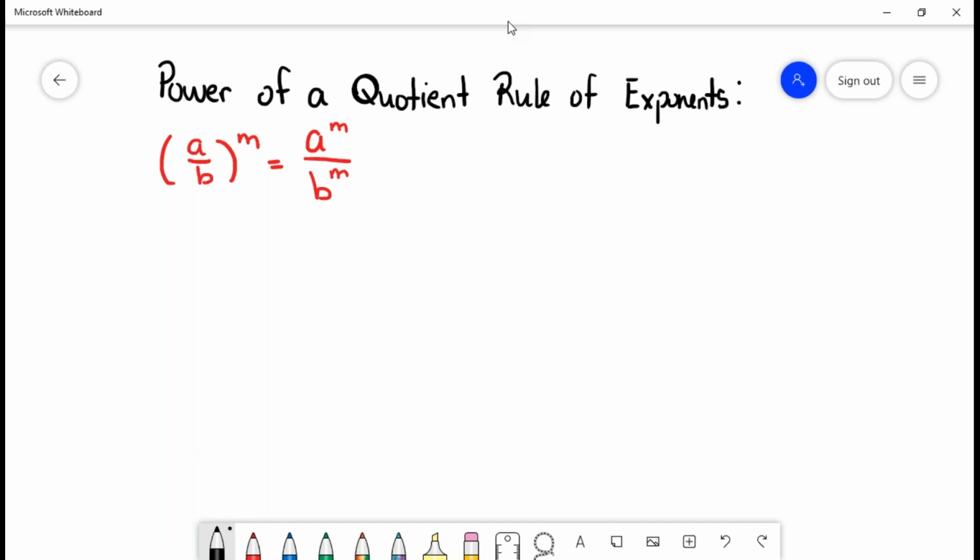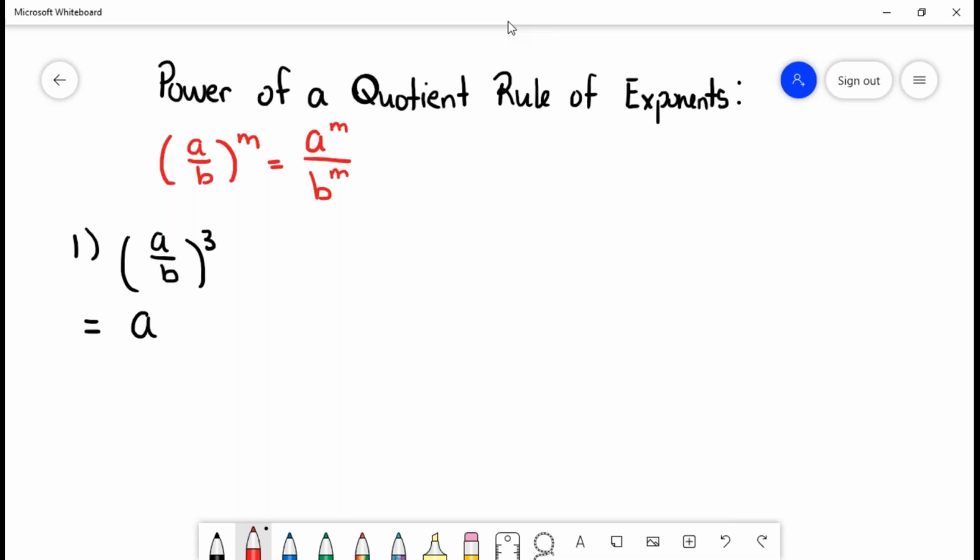So now we're going to be going over a practice problem, which will help us apply the power of a quotient rule of exponents. And this is a divided by b raised to the power of 3. And now we can evaluate this. Applying the power of a quotient rule of exponents, since there is a in the numerator and b in the denominator, we can raise the numerator a to the central power of 3, and I'm going to be doing just that.